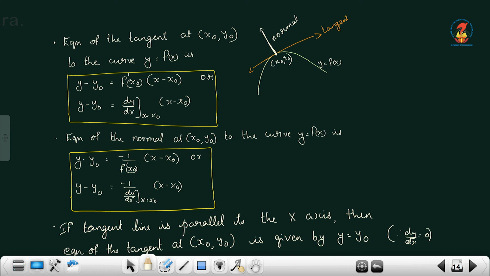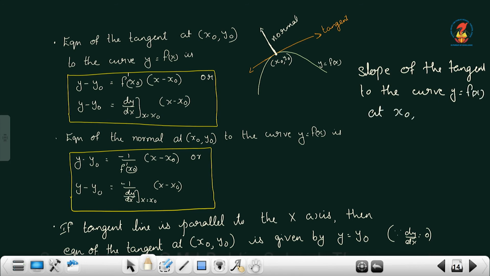So here you have to write the slope of the tangent to the curve y is equal to f of x at x0, y0, which is dy by dx at x0, y0 or f dash x0.